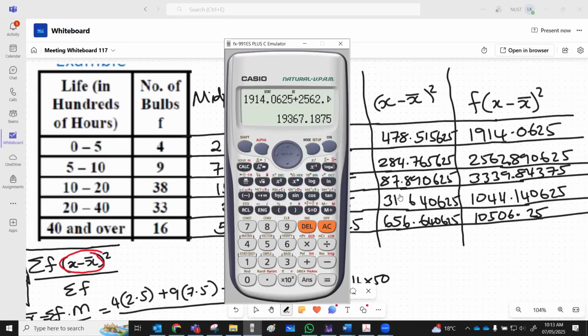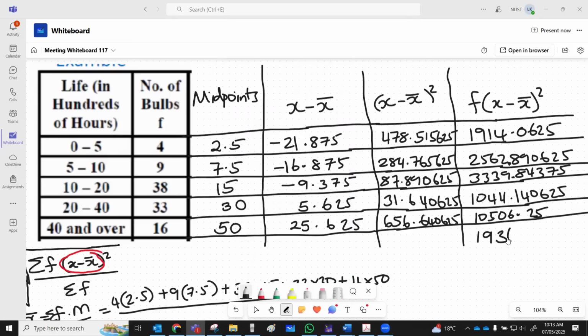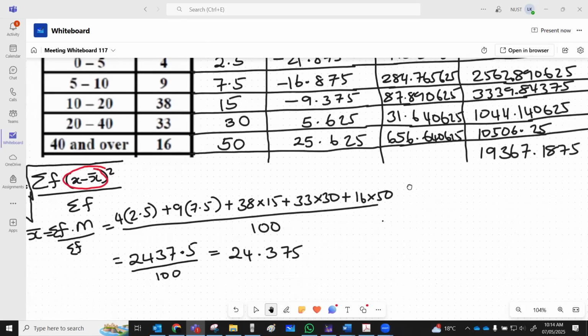Okay, so I have 19,367.1875. Now that's the numerator over here. And that I have to divide by the total frequency here, which is just equal to 100. And then take the square root.